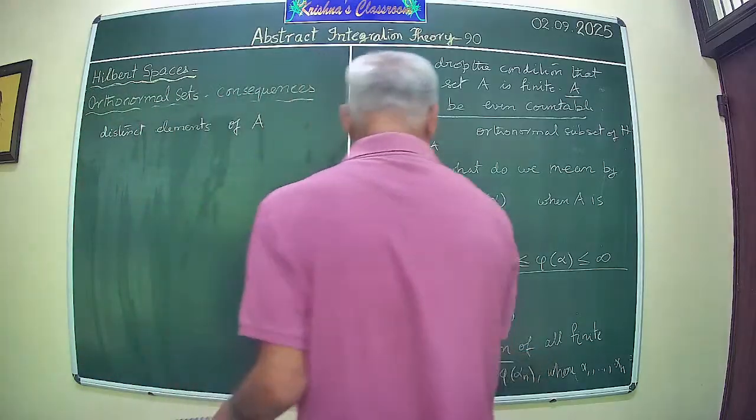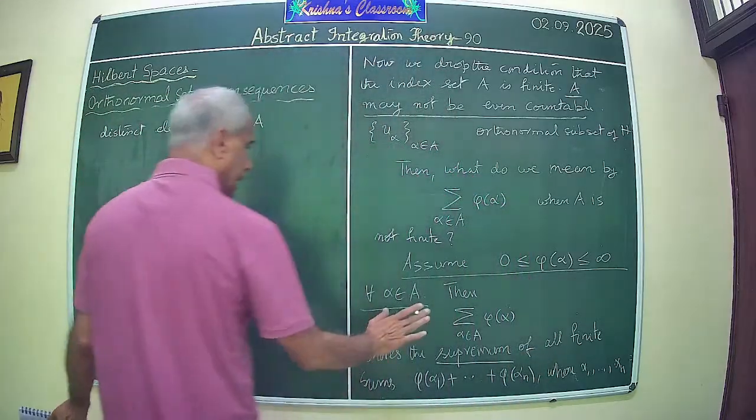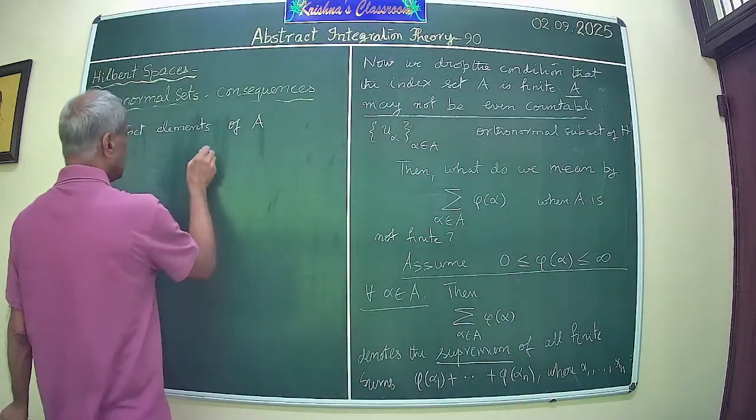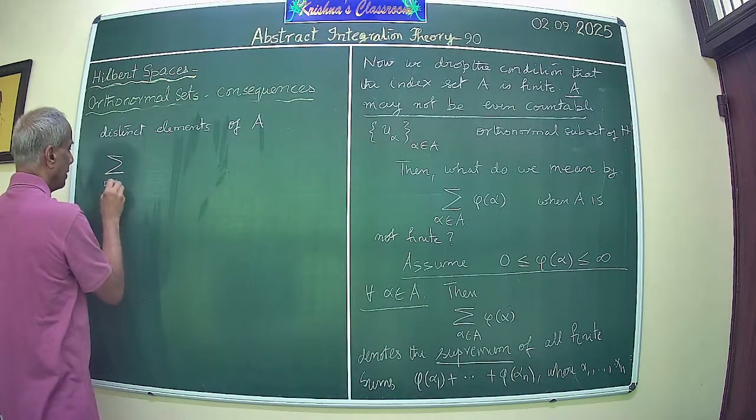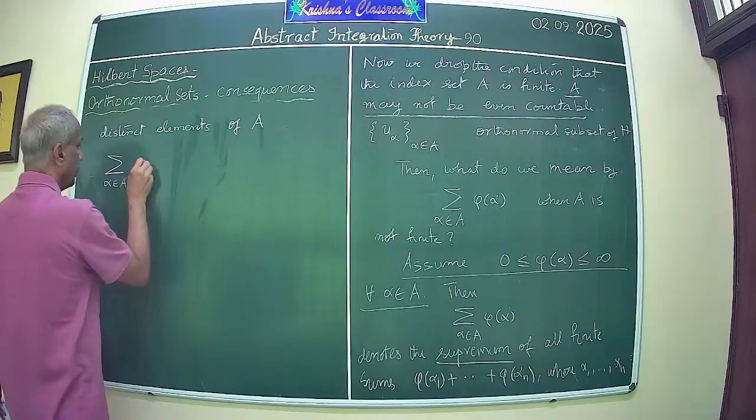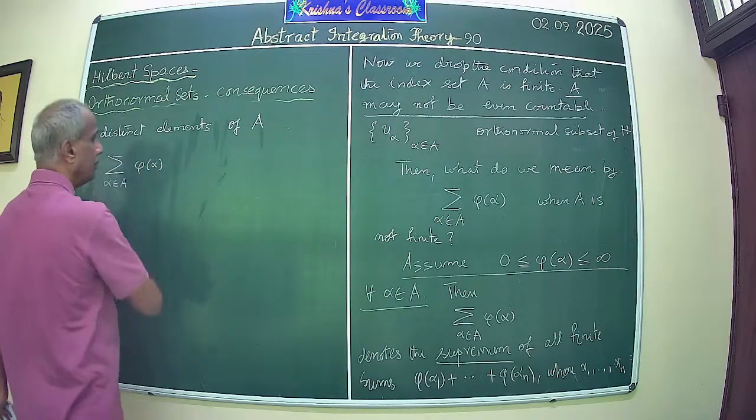So what you have is this, and this is what you want to work with: sigma alpha belonging to A, phi. What do we do?